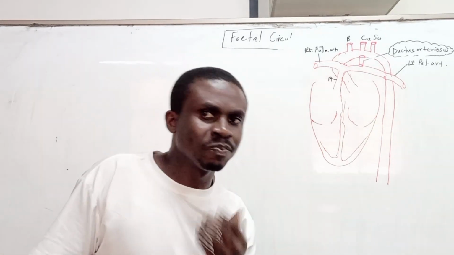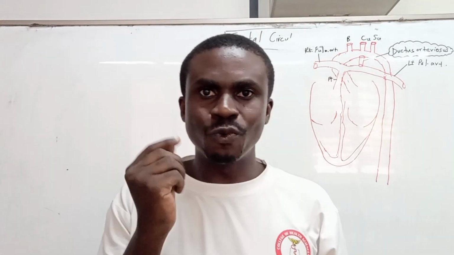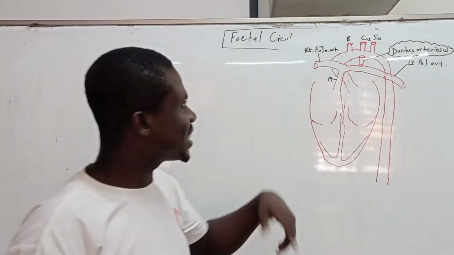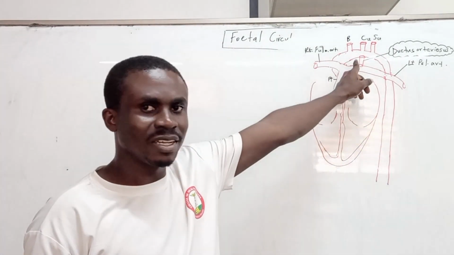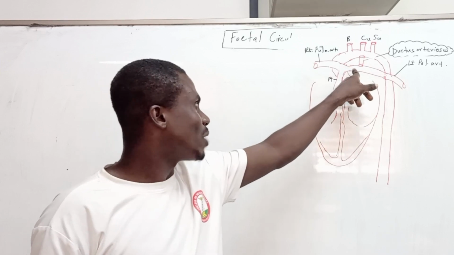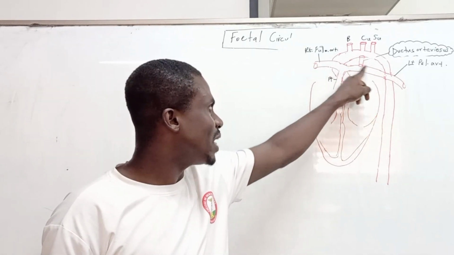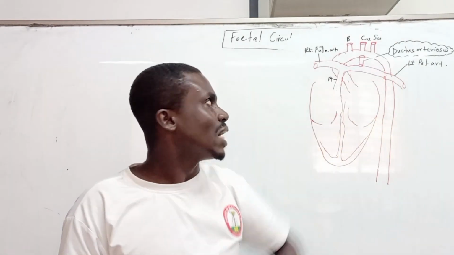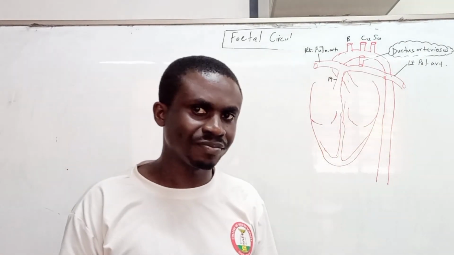When we ask you, what is the role of this ductus arteriosus? Your answer is simple: it shunts blood from this left pulmonary artery to this arch of aorta.